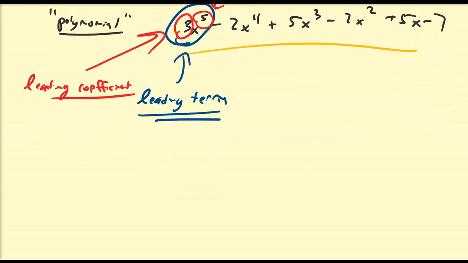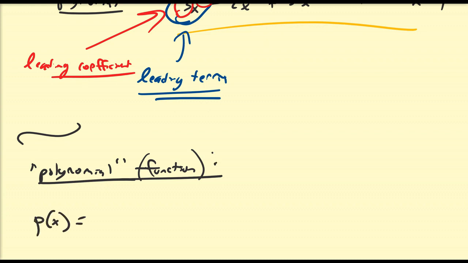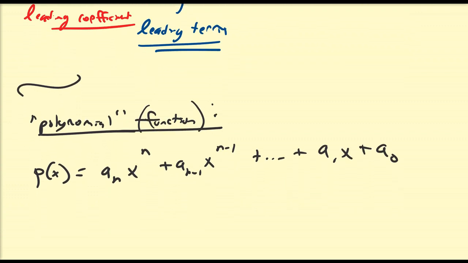So in general, polynomials can be expressed in a more general way. We can rewrite a polynomial function, since that's pretty much what we're talking about here, as p of x equal to a_n times x to the n plus a_(n-1) times x to the n minus 1, all the way down to a_1 x plus a_0. So a_0 is the constant term.